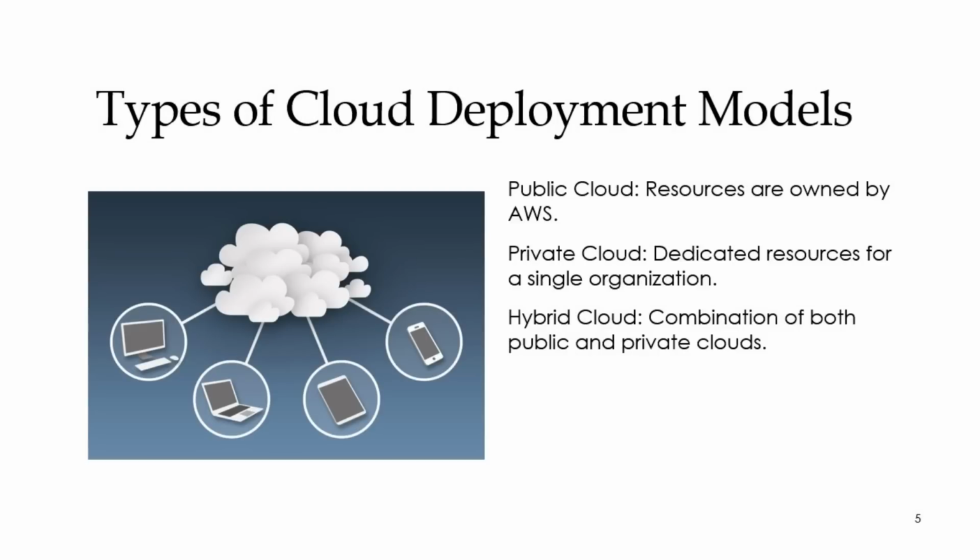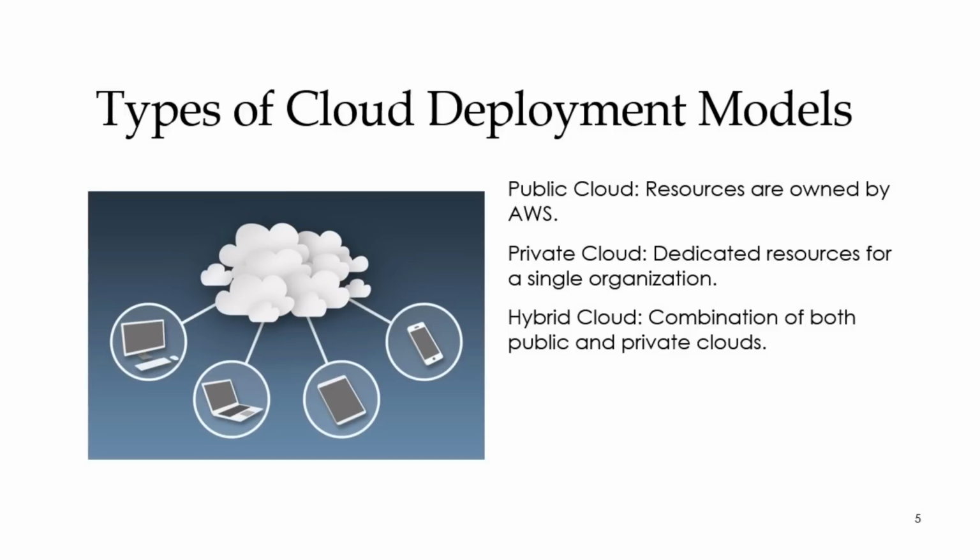When it comes to deploying applications in the cloud, one size does not fit all. Just like you can choose different ways to enjoy your pizza, dine in, takeaway, or delivery, AWS offers various cloud deployment models to suit different business needs and technical requirements.